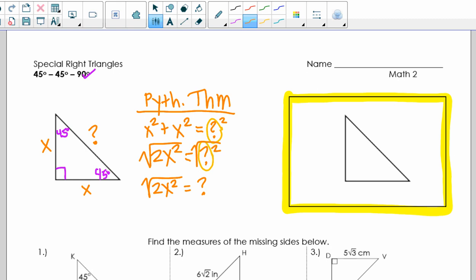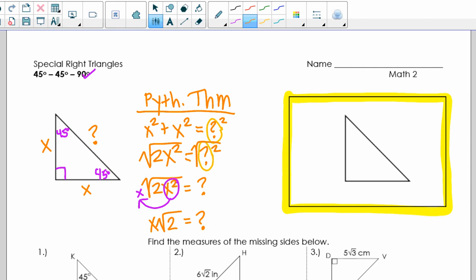However, remember, we always want to simplify our radicals. 2 is not a perfect square, but x squared is. You guys remember this is x times x. So this is going to come out of the radical as its square root, which is x, which means I have x radical 2 for my missing side.